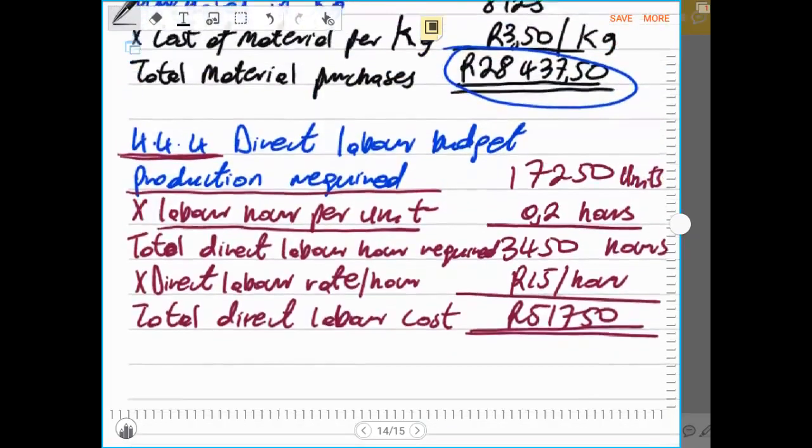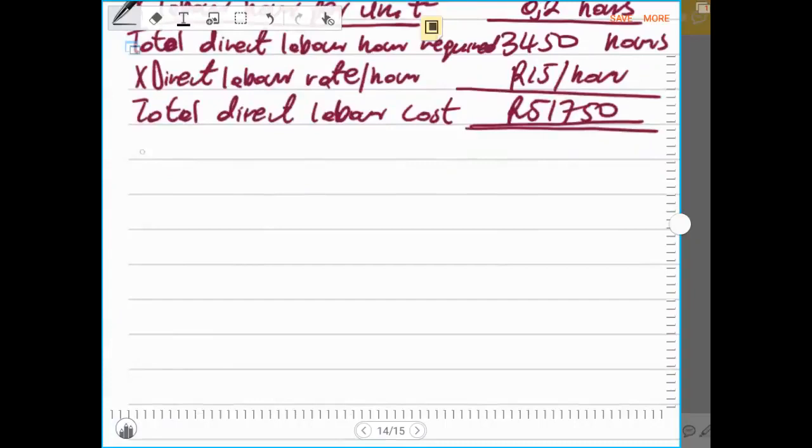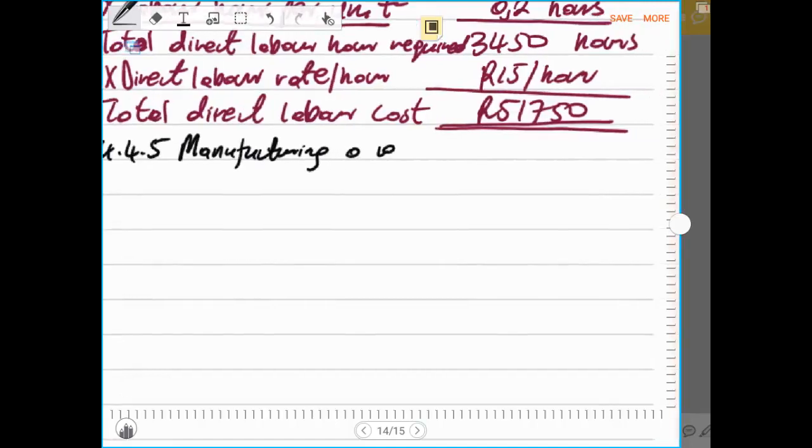That is 4.4.5, manufacturing overheads budget.